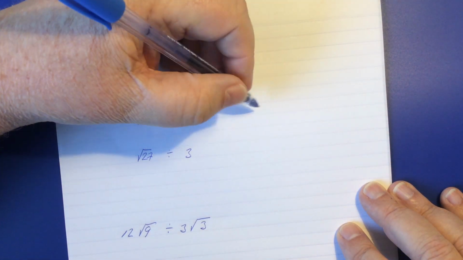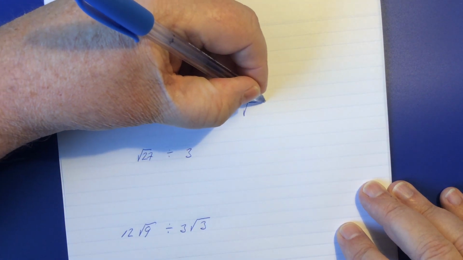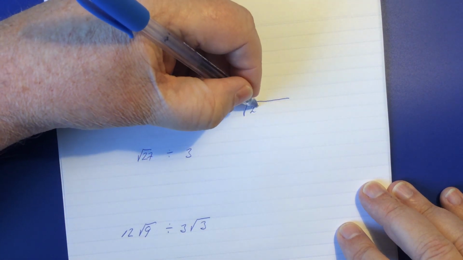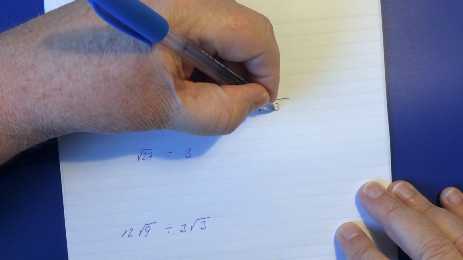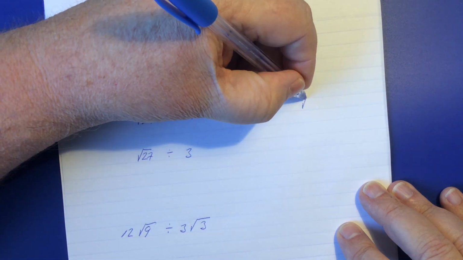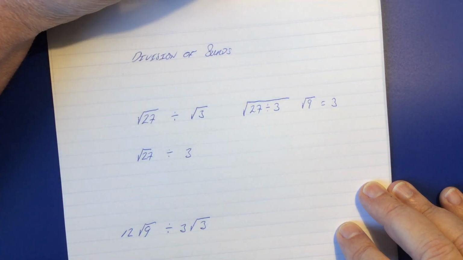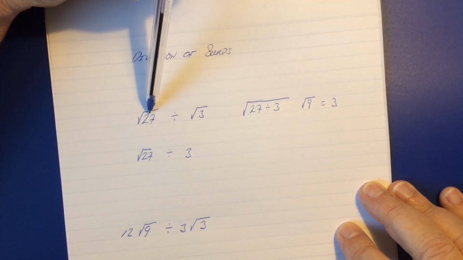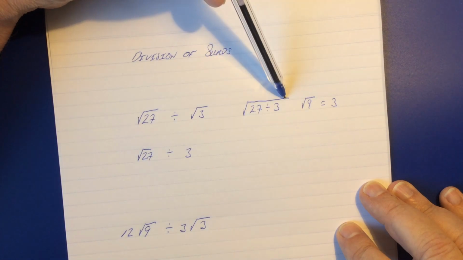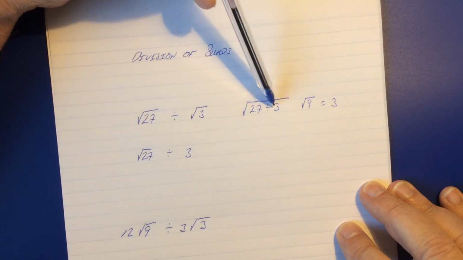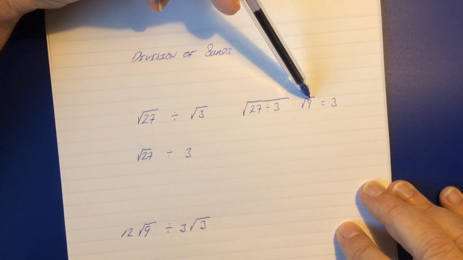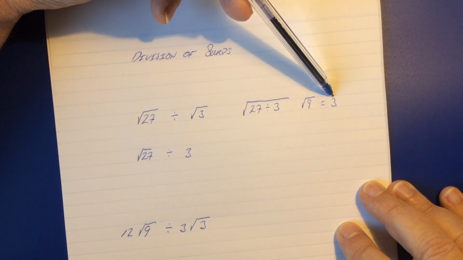Root 27 divided by root 3. Hopefully that is pretty straightforward. You can put those under the square root sign. You can divide 27 by 3. You get 9. The square root of 9 is 3.